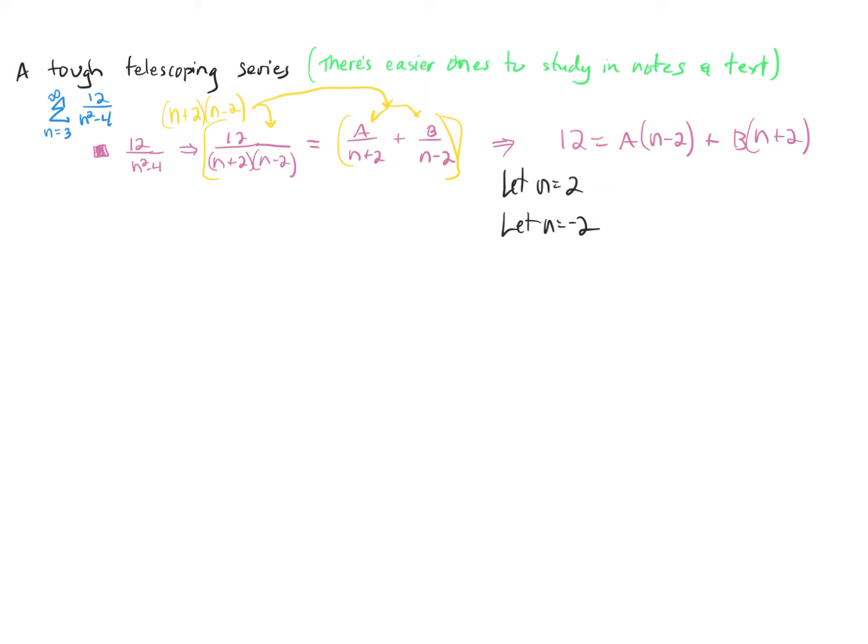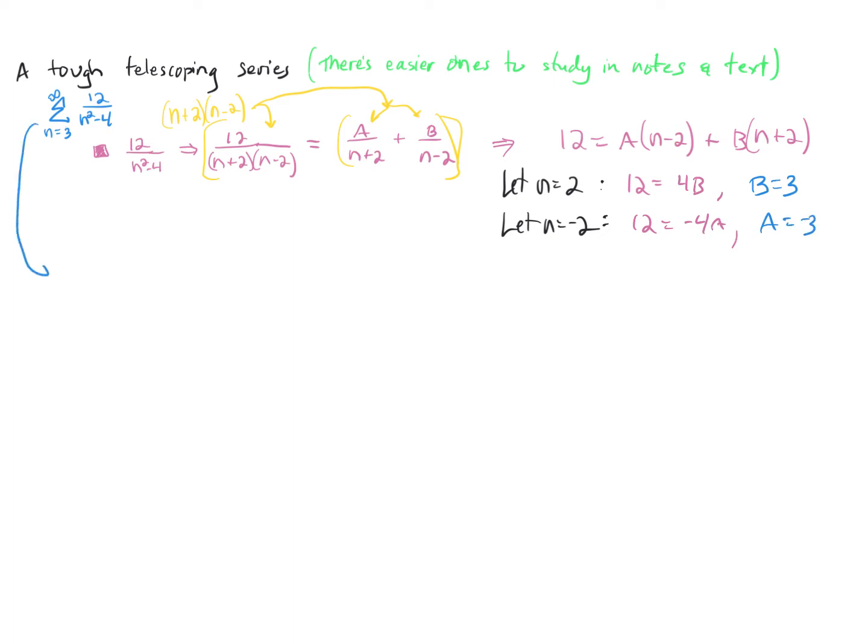For example, when n is equal to positive 2, we'll have 12 equals a times 0 plus b times 4. So it's really easy to see that b is 3. And when n is equal to negative 2, we'll have 12 equals a times negative 4 plus 0. So it's really easy to see there that a is equal to negative 3.